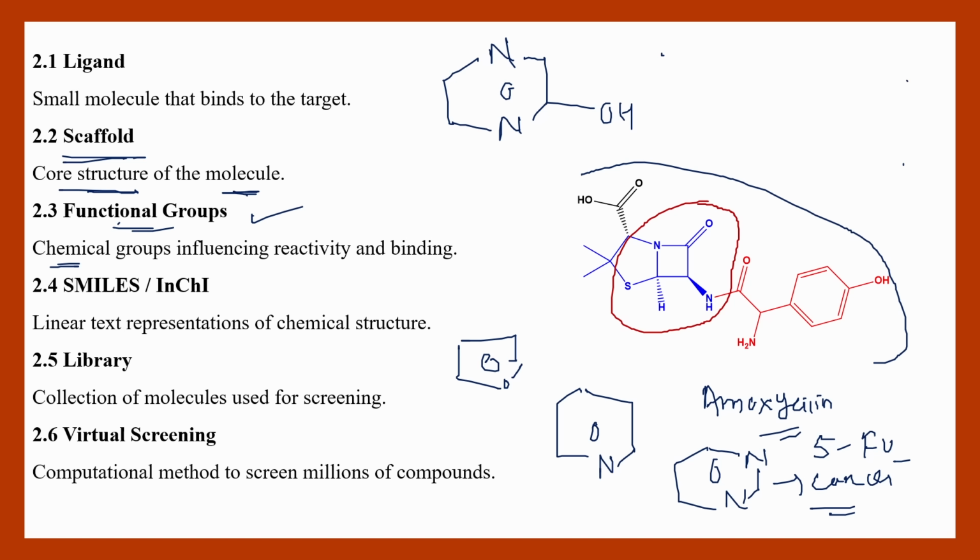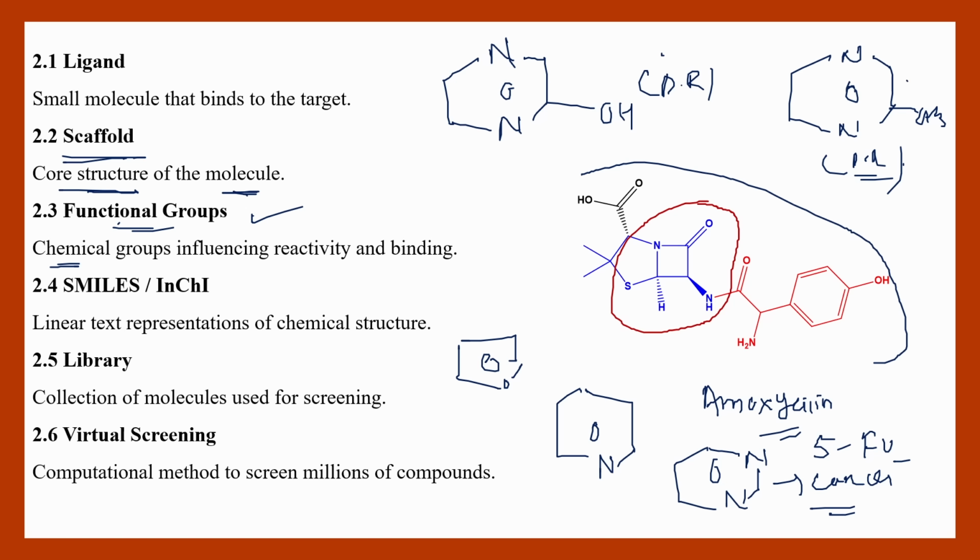If we perform this drug's docking, sorry, this is the pyrazine moiety. I have wrongly done the structure. Let's suppose this moiety has an OH group here. It will show some docking result. And if I change this functional group from OH to CH3, it will give another docking result.